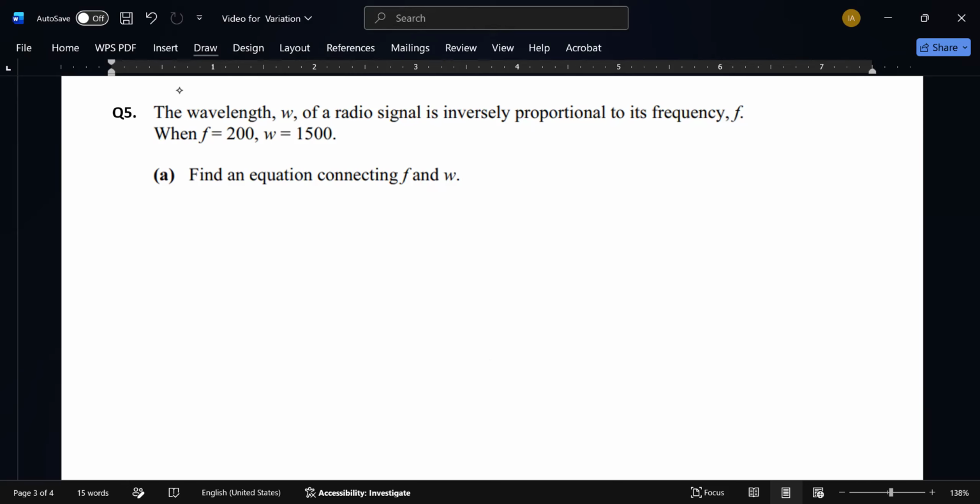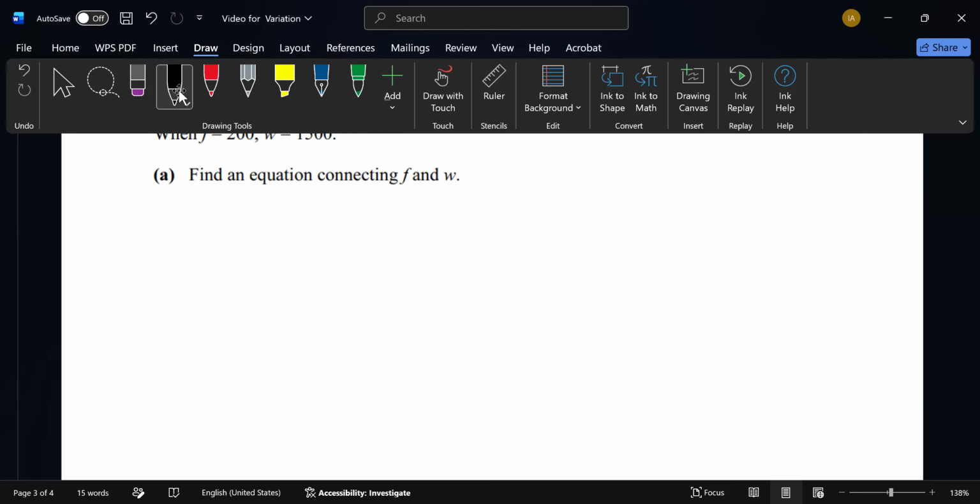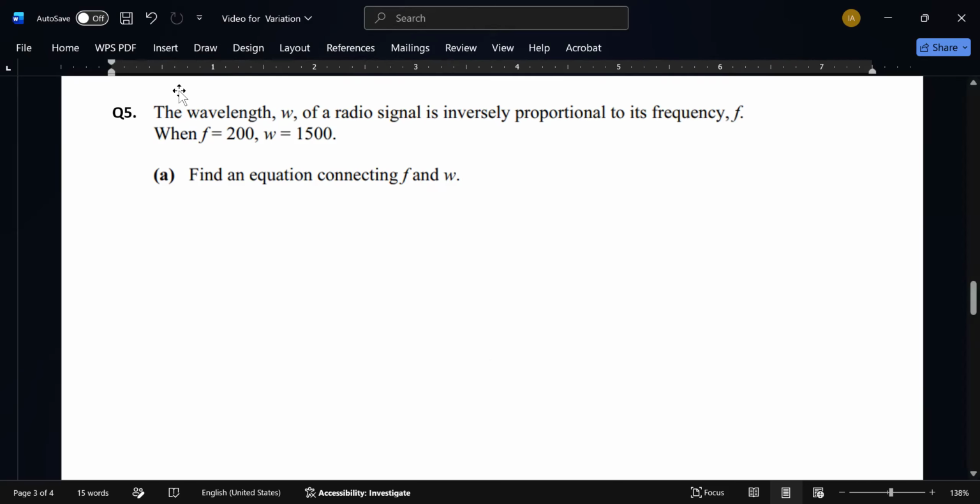So wavelength W is inversely proportional to the square of the frequency. Frequency is 200 and wavelength is 1500. Find an equation connecting them.